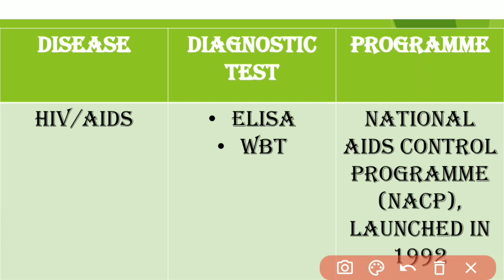The diagnostic test is the ELISA, the enzyme linked immunosorbent assay, and the Western blotting technique is also used for identification of HIV and AIDS infection. The program which controls HIV and AIDS is the National AIDS Control Program, the NACP, launched in 1992. Under this program, HIV can be controlled.